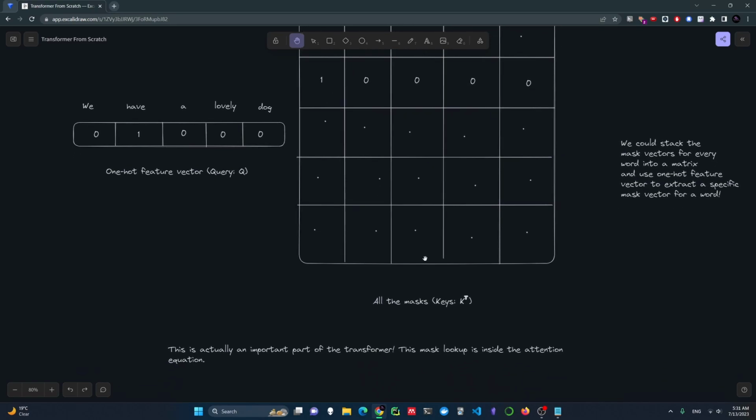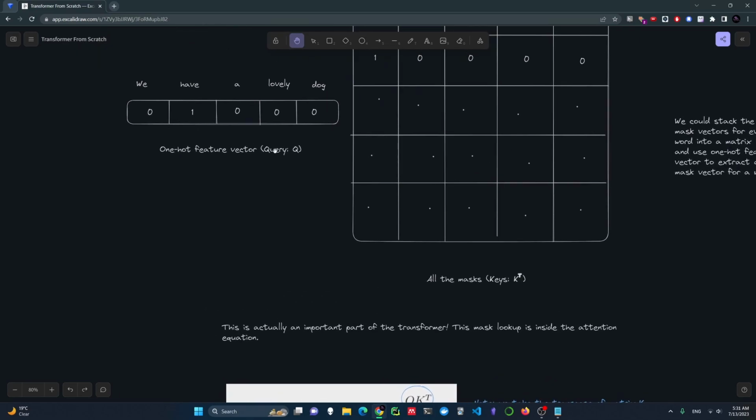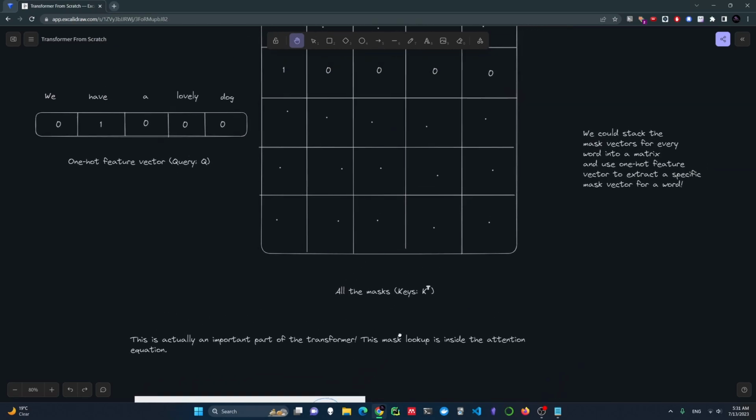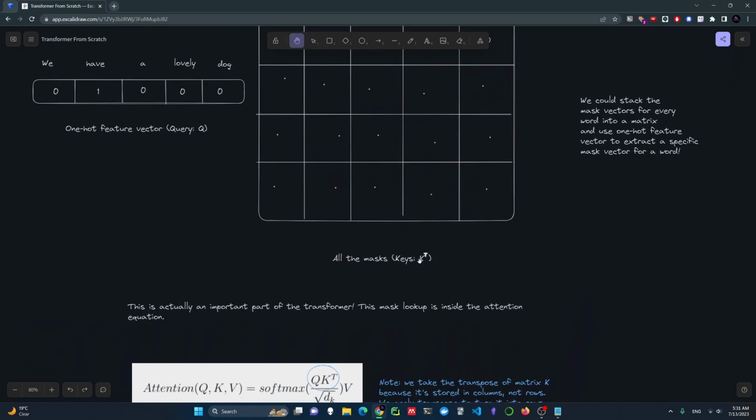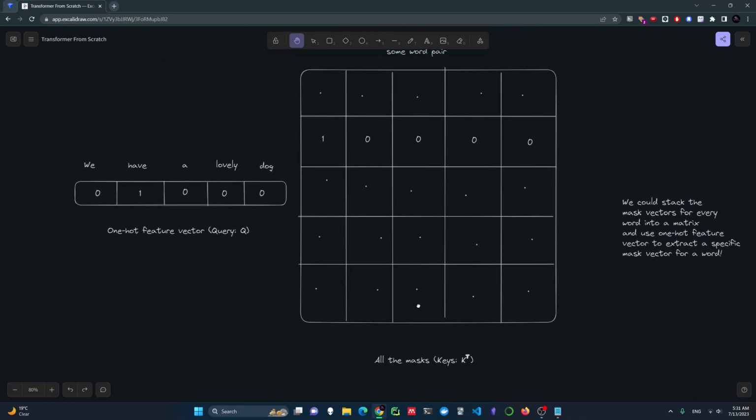And this actually represents a very important part of the transformer. This mask lookup is inside the attention equation here. See? So this is the query vector multiplied by the transpose of the K vector, or the keys. And we take the transpose of the keys matrix because it's stored in columns initially, not rows.